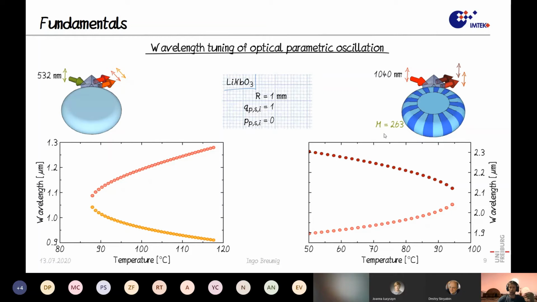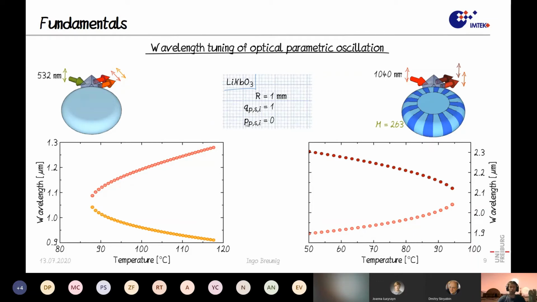You need a structure with 263 periods around the rim. And if you do this, then you can change the output wavelength just by changing the temperature from 50 to roughly 95 degrees C. You can change the output wavelength from 1.9 to 2.3 micrometers.